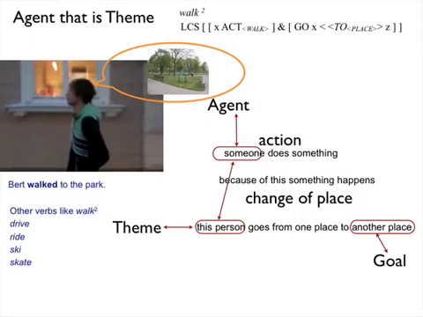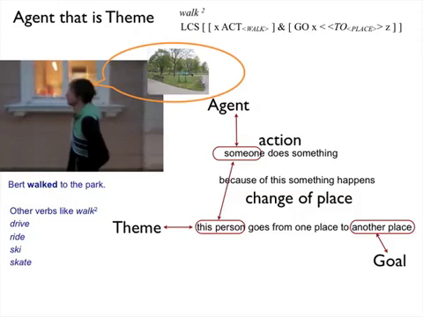that sort of action. So another walk would just be this, right? X acts in a walking way and goes somewhere, right? And no one else is involved. There's no other entity that's involved in that kind of thing.